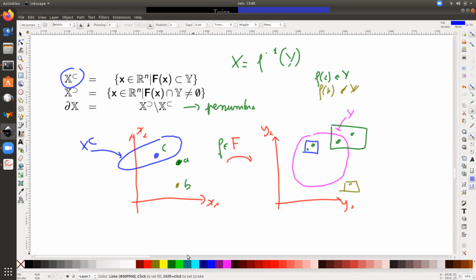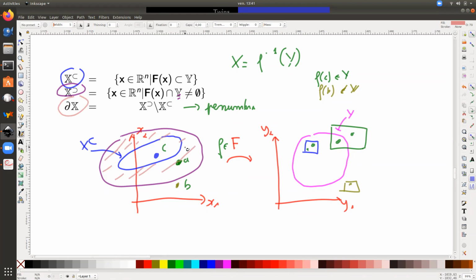I have also another one represented here, which corresponds to the set of all points such that the image will intersect y. And I define the penumbra here, which is this zone.